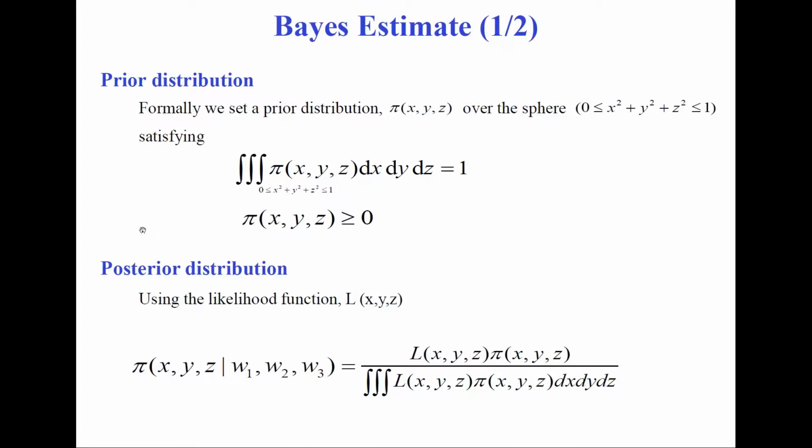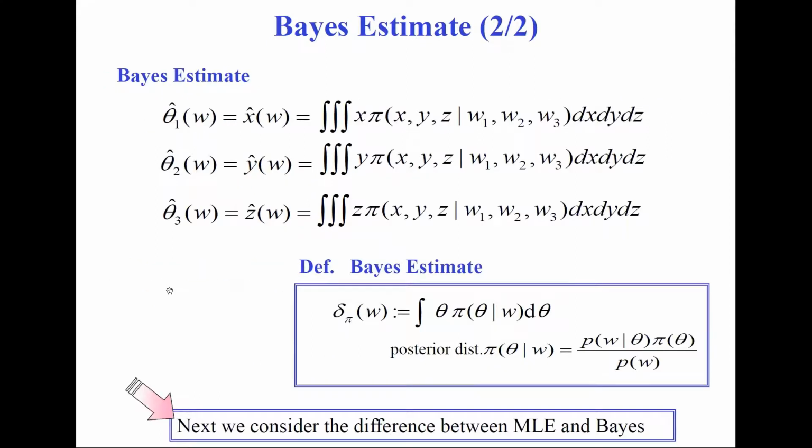And anyway, after specifying a certain prior distribution, we automatically obtain the posterior distribution. It is calculated by the formula, and here, using the likelihood function L, we obtain the following form. Using the posterior distribution, we can construct the so-called Bayes estimate, which is given by this form.